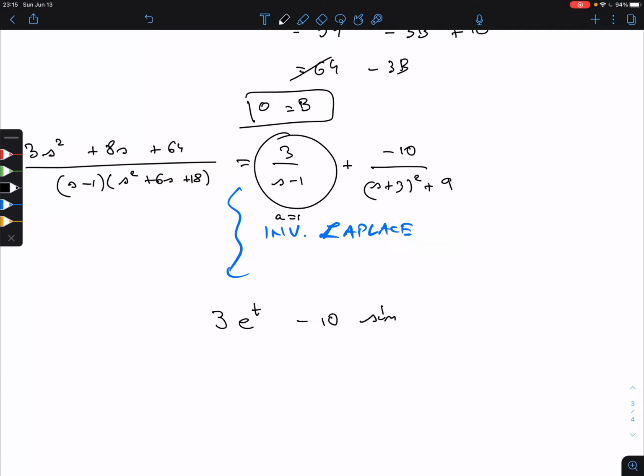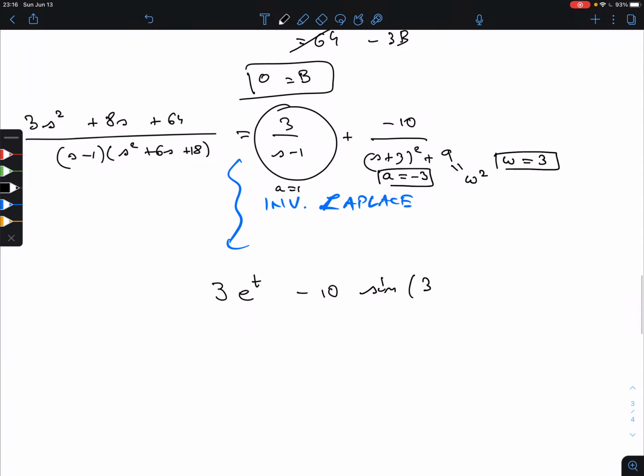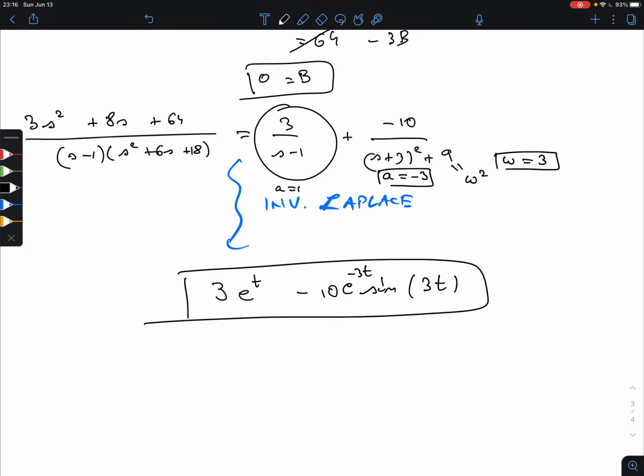But a couple of things now. First of all, is there a shift? Yes, negative 3 is the shift. And we also need to know what omega is. This is omega squared, so omega is, we always take the positive root, 3. So this is sine 3, and here we just put in t, and this e to the minus 3t accounts for the shift. And there's no cosine, so in general there would be another term here, but this is the answer.